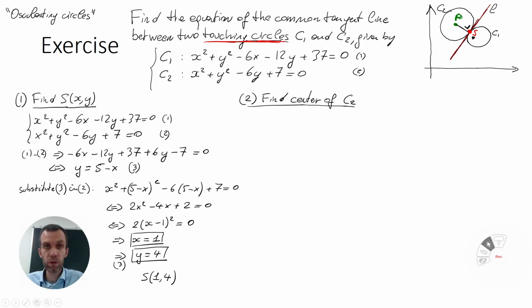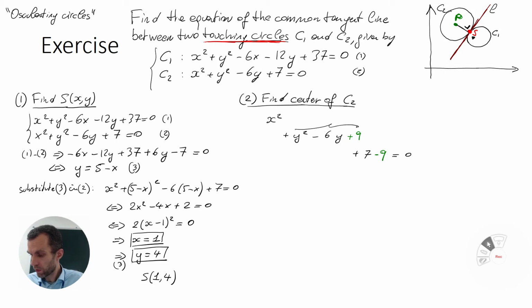So to find the center of C2, we use the technique that we saw earlier. So we take x squared plus y squared minus 6y plus 7 is equal to 0. And we try to make squares out of this. So x squared is already a square, and then y squared minus 6y, to make a square of that we have to add 9 here and subtract that here.